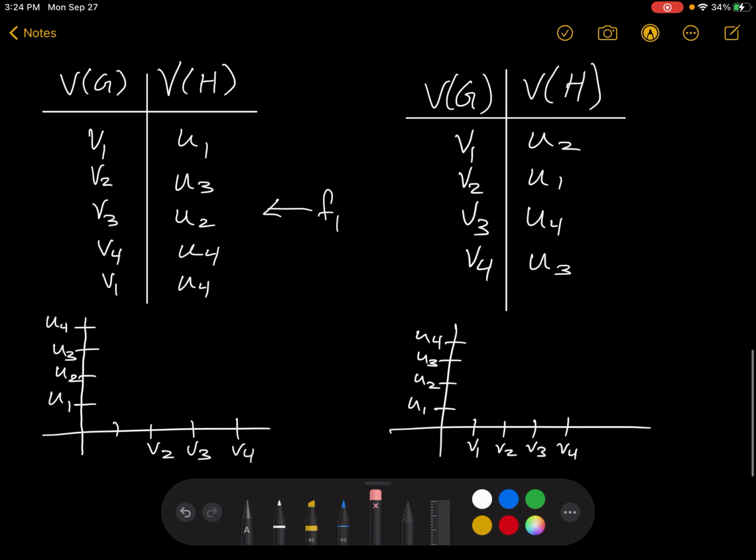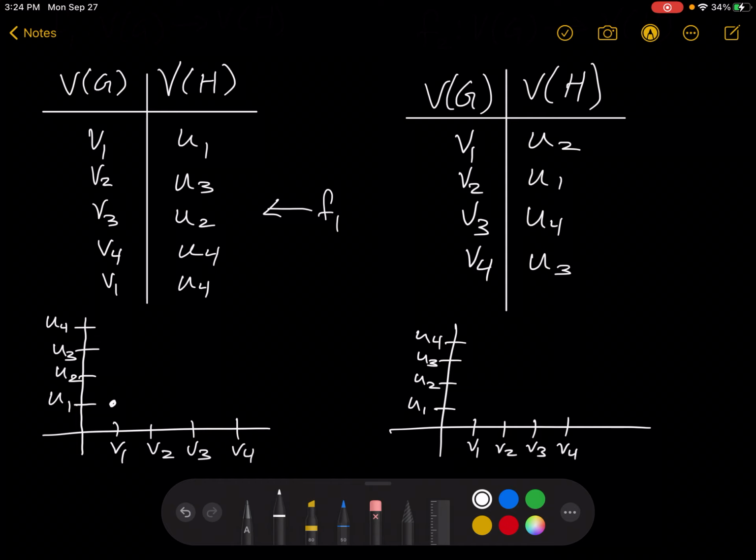So now remember that a relation is a function if it passes the vertical line test. Let's see if F1 passes the vertical line test. From the rows of our table, we see that V1 goes to U1, so we have that point.